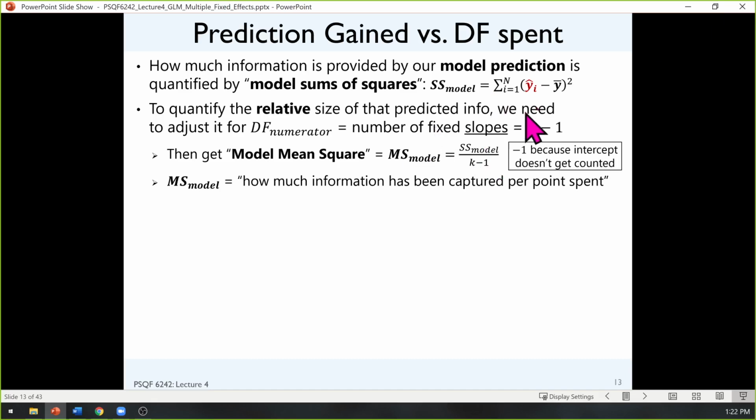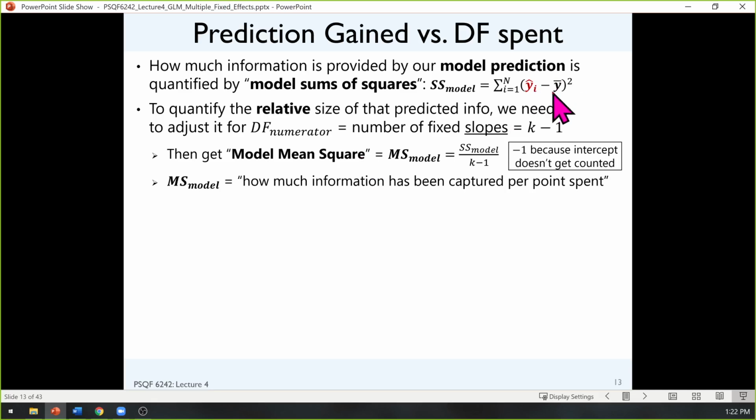And by information captured by the model, I mean this quantity right here: the y hat sub i in the red minus the mean. So y hat is what the model says your outcome should be. In this context, it would be the mean income level based on which group you're in, so everybody from the same group would have the same y hat. We then subtract from it the mean of the sample.